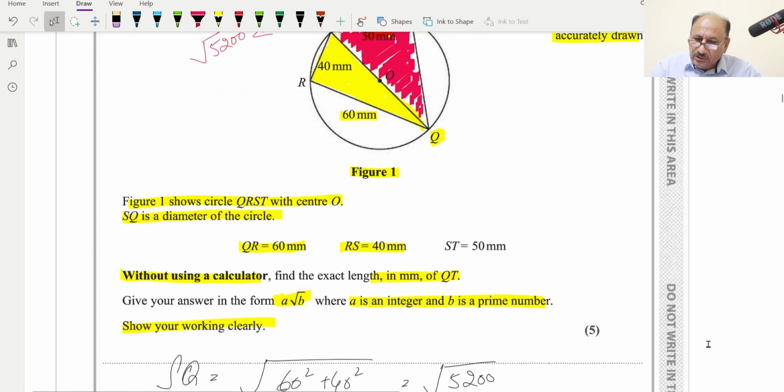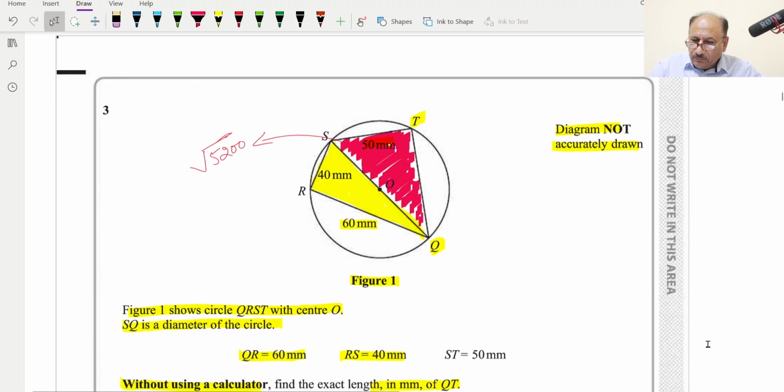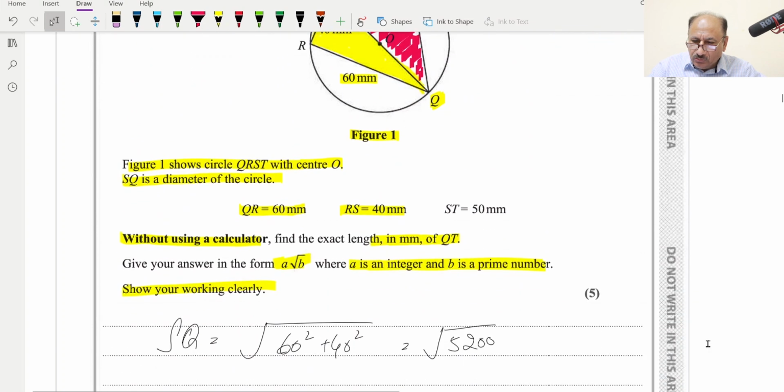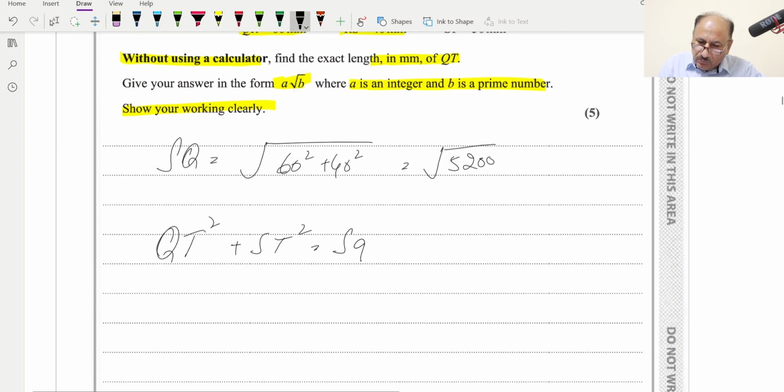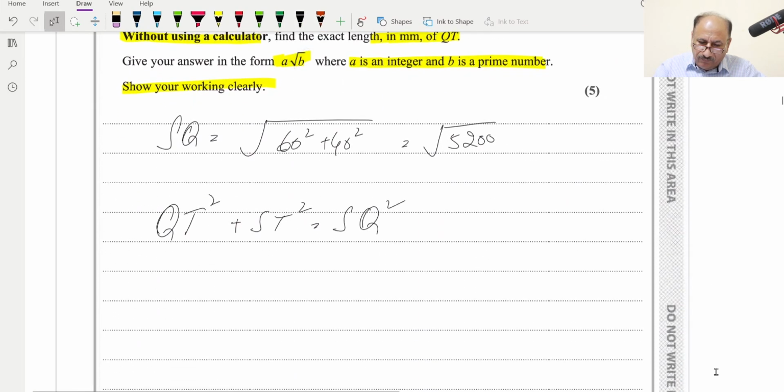QT square plus ST square is equal to SQ square. Now SQ we found, and ST is equal to 50 mm.